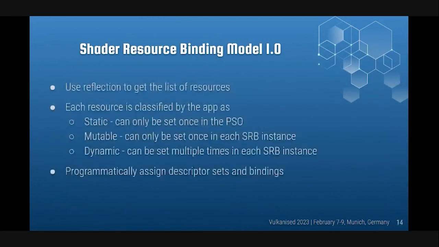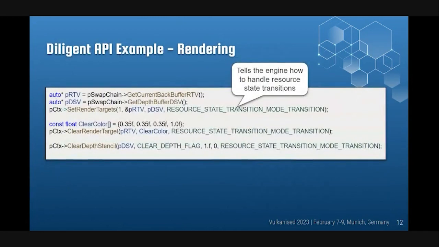So it can do both. It can handle the resource states and all the barriers automatically. But if the application knows how to do better, it lets the application issue manual state transitions and everything.